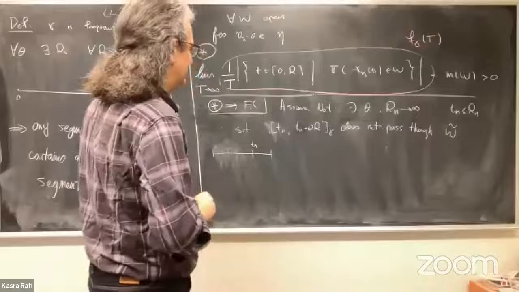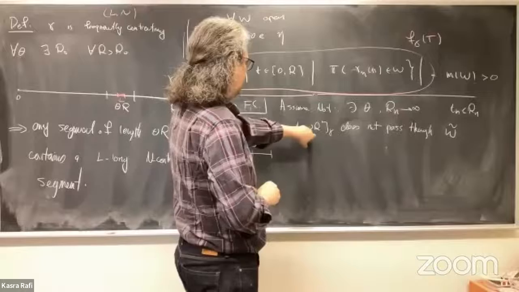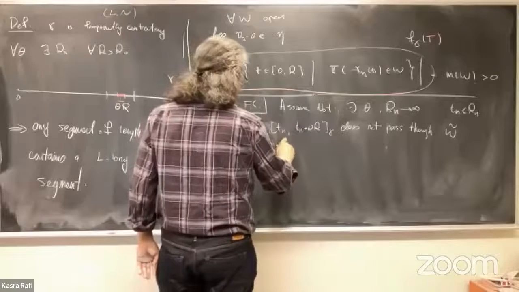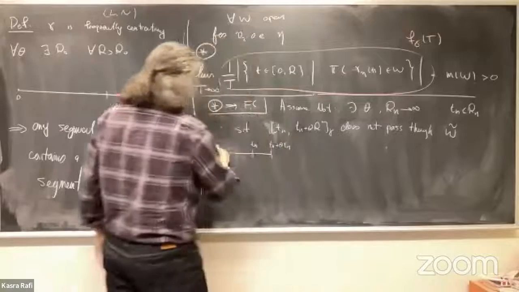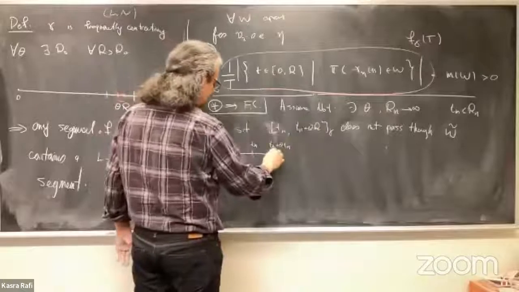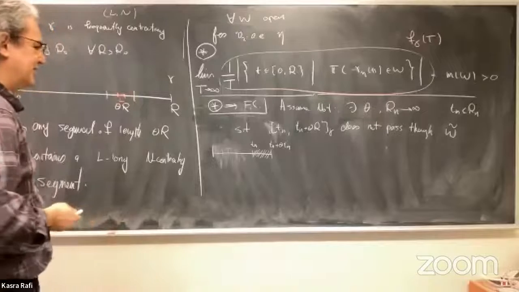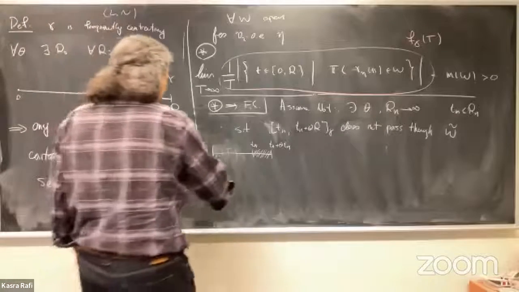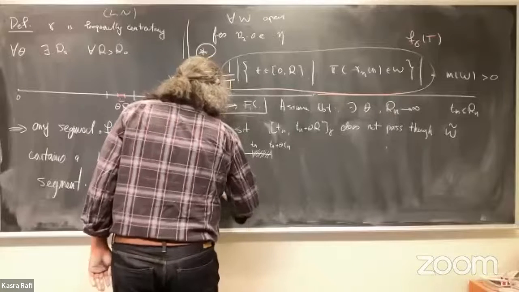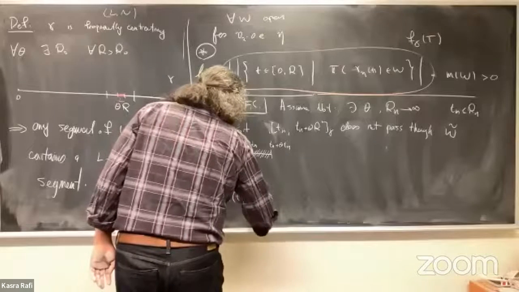Note that Tn is less than R. So Tn plus epsilon times R is less than Tn plus theta times Tn. I've just estimated this by that. So we have this segment where nothing happens. You don't visit W. And I want to calculate f of Tn divided by f of Tn plus theta Tn.